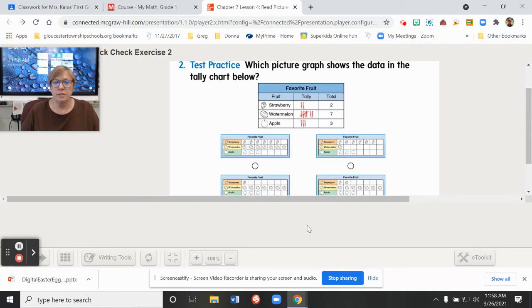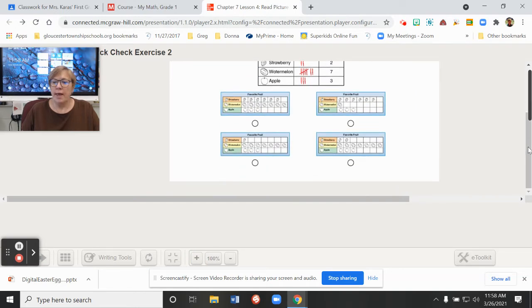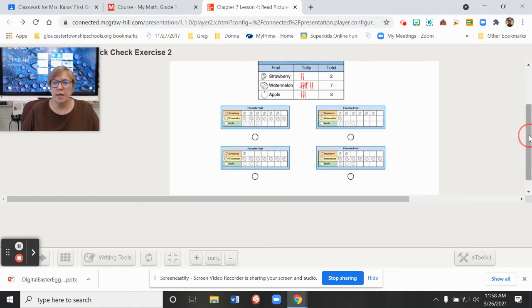Let me make that a little bit bigger. And if you need to, you can pause the video so you can take a look and choose the one that also shows the same information as the tally chart. And then you can come back and check your answer.